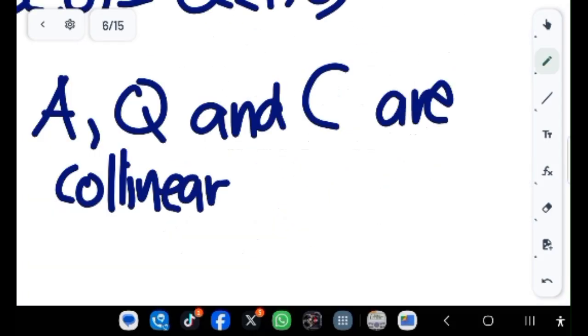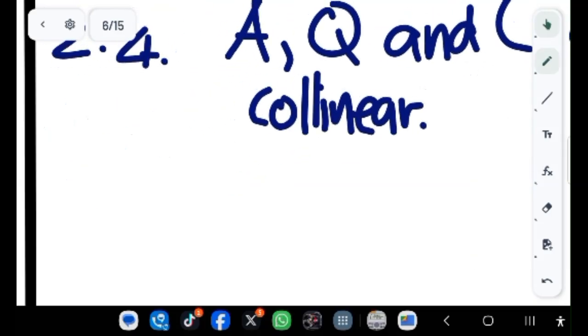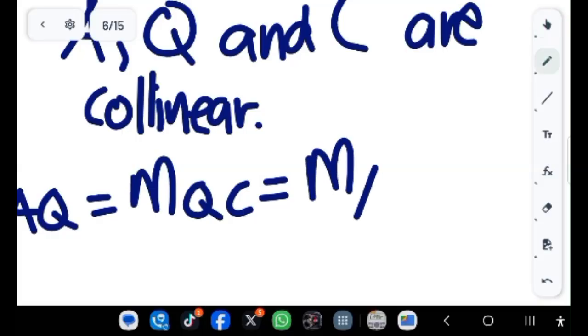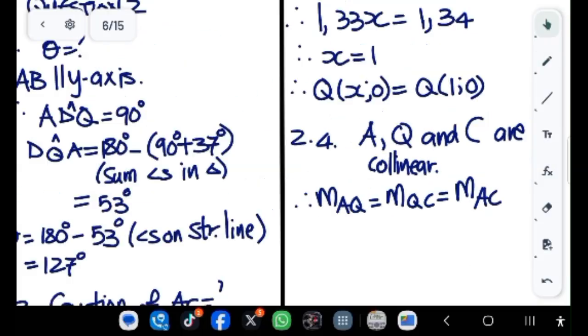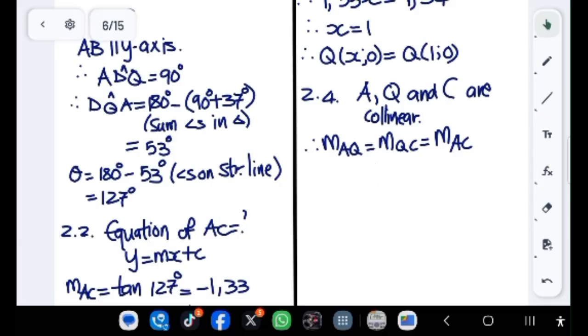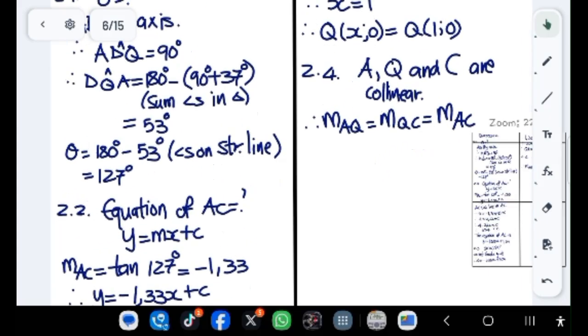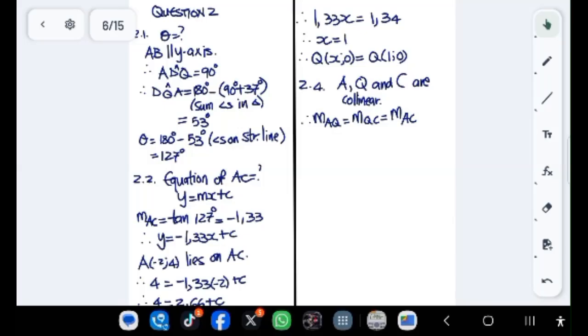Therefore, their gradients are equal. The gradient of AQ is equal to the gradient of QC, or the gradient of AC for that matter. Which gradients do we have? We can find the gradient of AQ. Do we have the gradient of AC? I think we do.